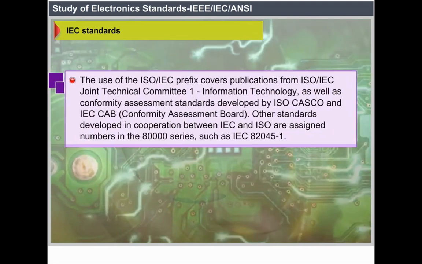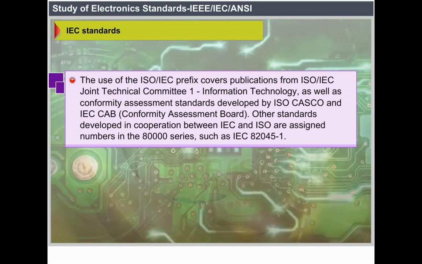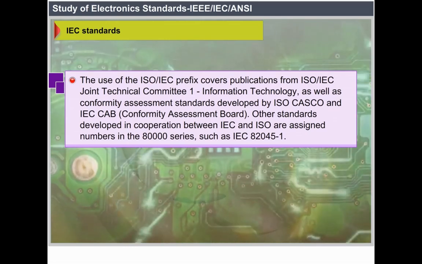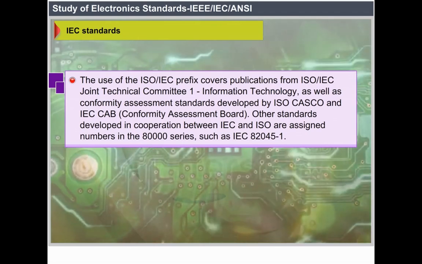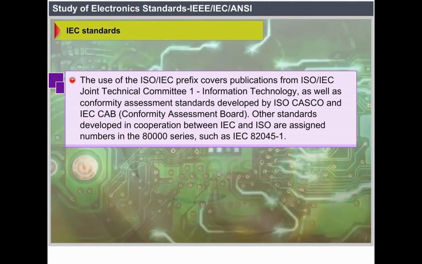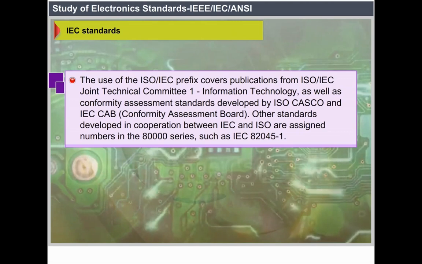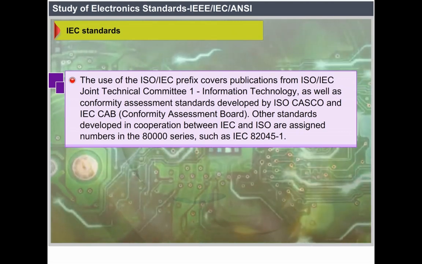The use of the ISO/IEC prefix covers publications from ISO/IEC Joint Technical Committee 1, Information Technology, as well as conformity assessment standards developed by ISO CASCO and IEC CAB, Conformity Assessment Board.